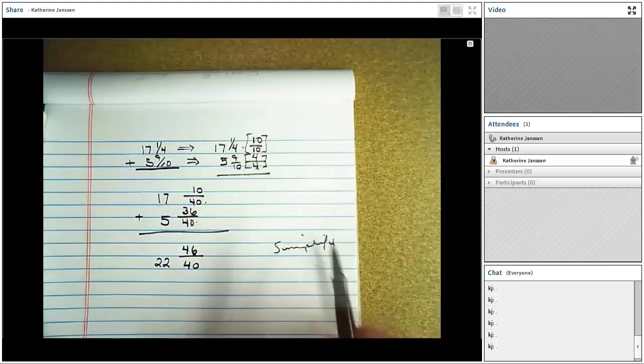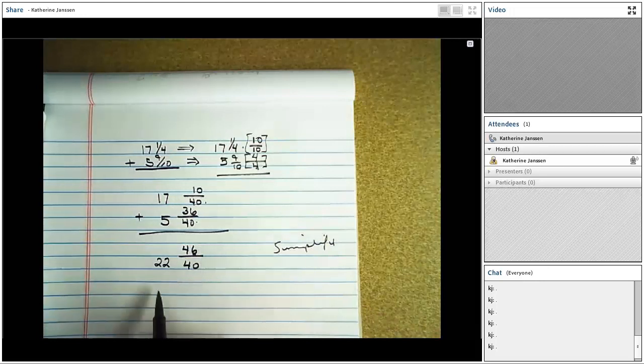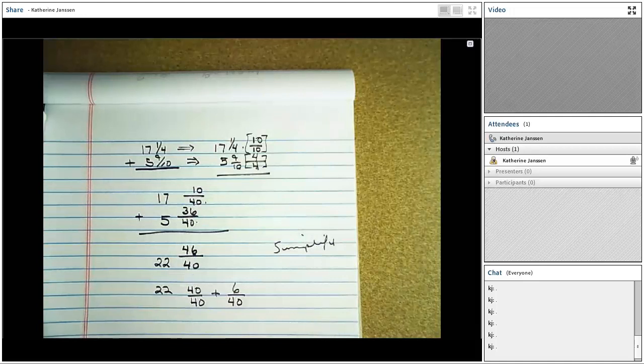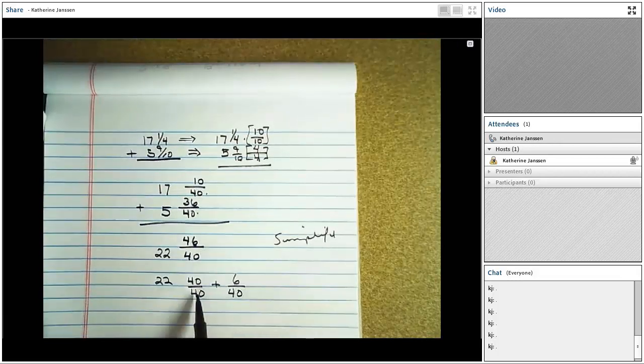I see this as an improper fraction, so I'm going to determine 40 over 40 plus 6/40. So 40 plus 6 is 46/40. But 40 over 40 is actually another name for 1. That's my improper fraction. 1 plus 22 would be 23.